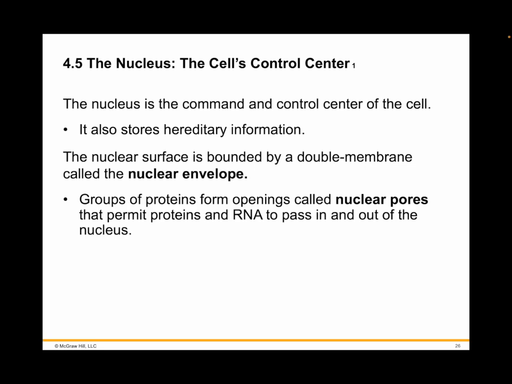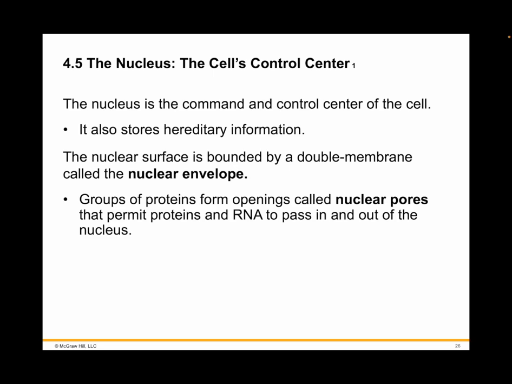There you would find cradled within a network of fine filaments, like a ball in a basket, the nucleus, as shown in figure 4.8. The nucleus is the command center and control center of the cell, directing all of its activities. It is also the genetic library where hereditary information is stored.